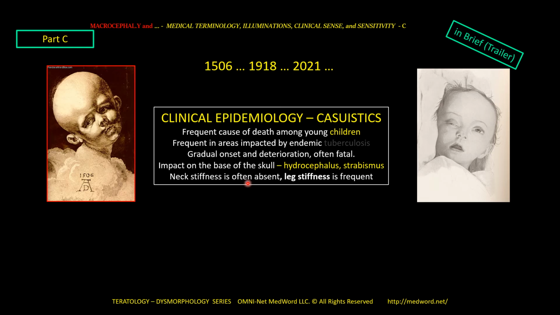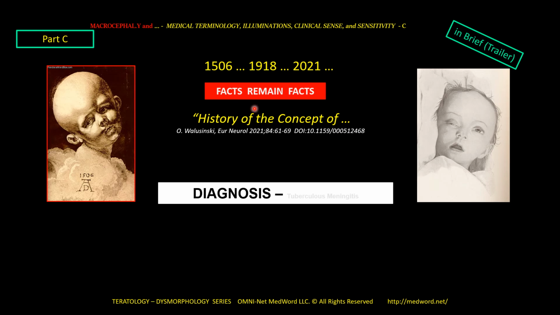And then a peculiar combination that while the legs are stiff, the neck is not. So after this trip from 1500 to 2021, we can see that facts remain facts. They don't change. Interpretation changes, and they change on the basis of how much we know concerning clinical medicine.